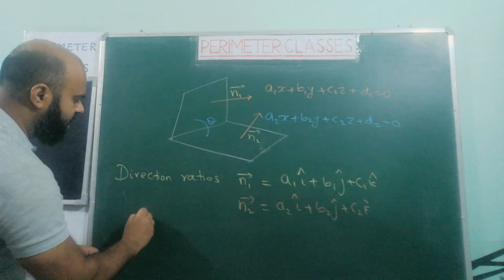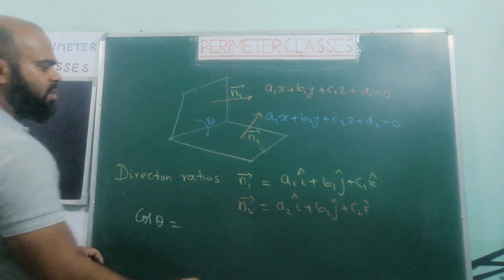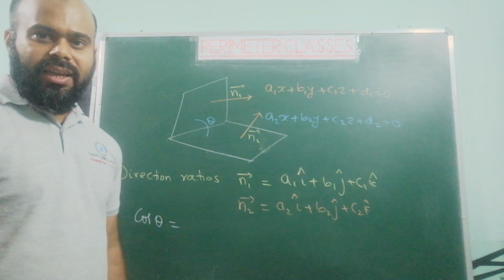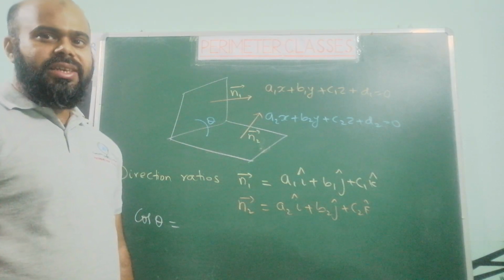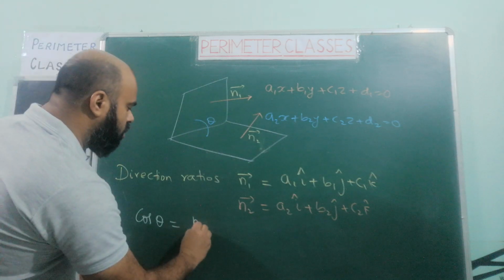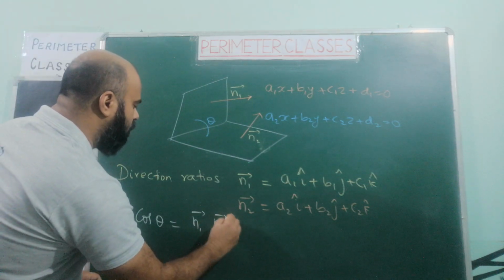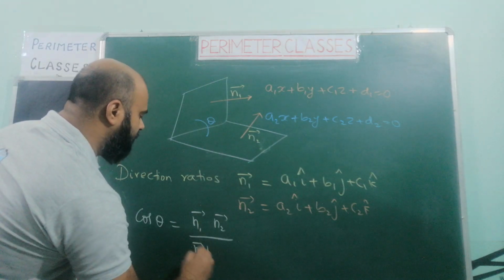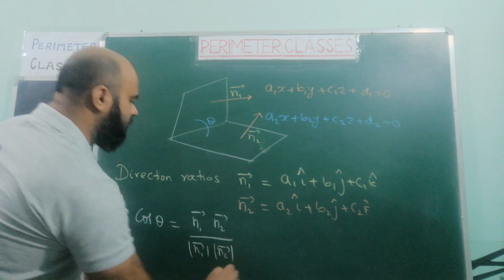So cos of theta, the angle between the normals, you know how to find the angle between two normals. We studied it in earlier lectures also. That is the dot product of these two vectors upon the magnitude of this vector into the magnitude of this vector.